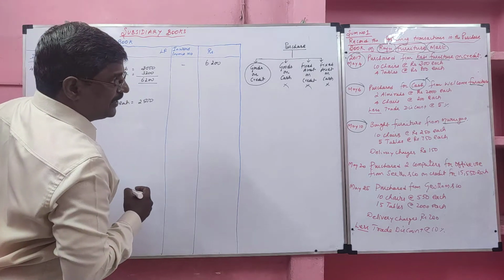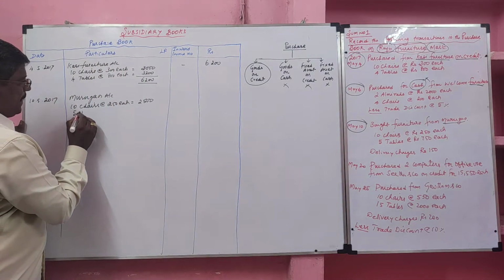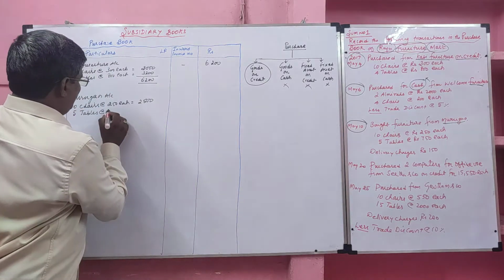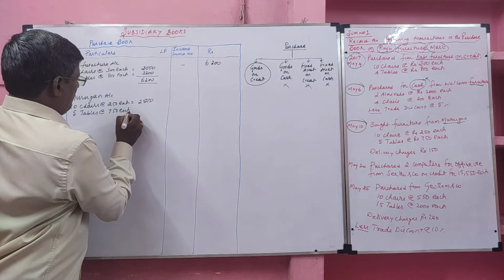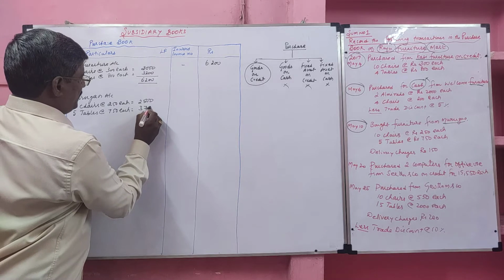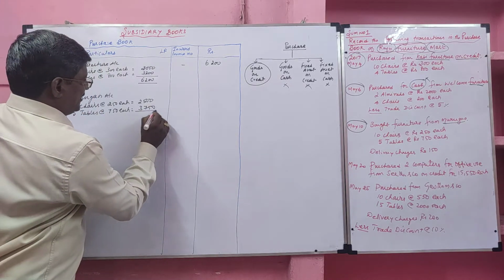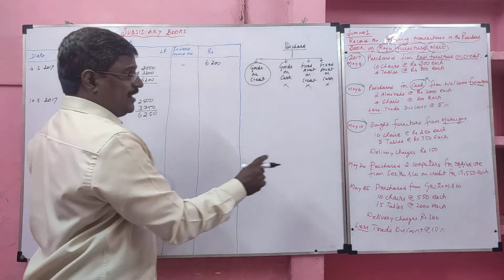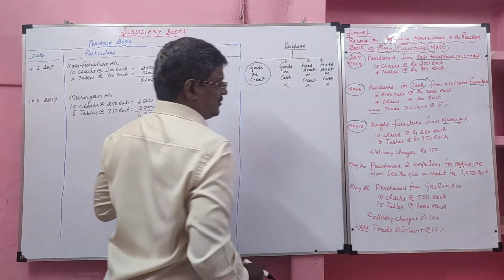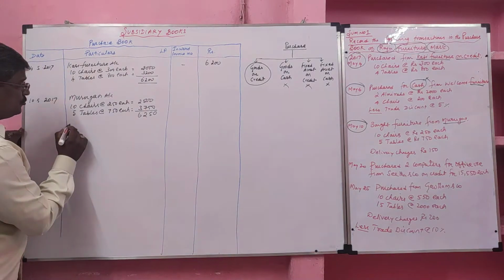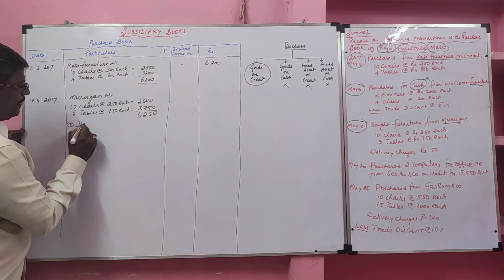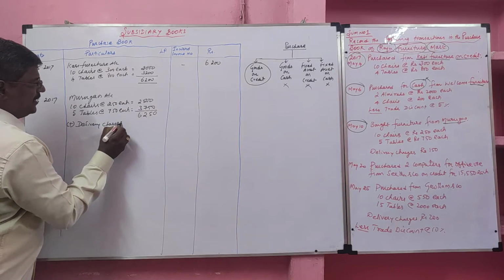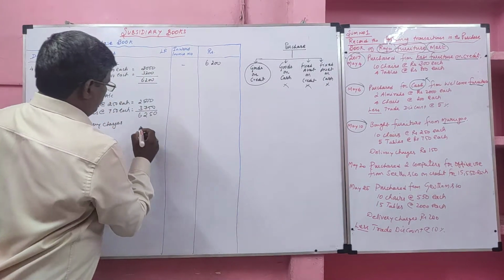Then 5 tables at 750 each, total 3750. Total purchase 6250. Here the delivery charges are also given. So delivery charges, what are we supposed to do? We have to add. Delivery charges should be added with total value, 150.